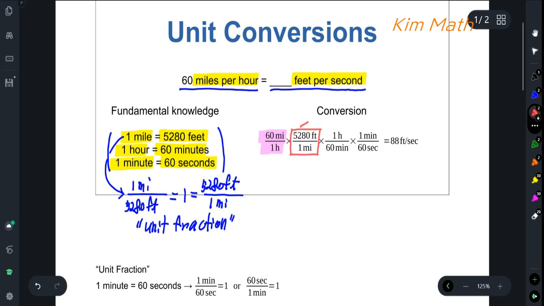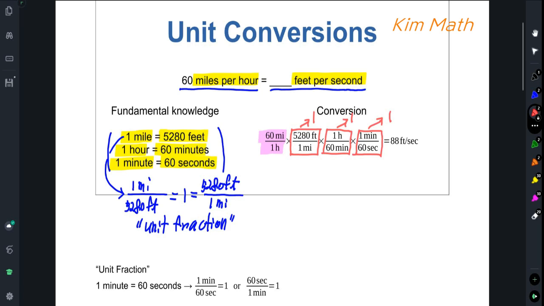Definitely this is 1. This is 1. This is 1. So basically, making a unit fraction is not a big deal, because we can make just one of two possible fractions from some equal sign, right? The key point is which one is correct.